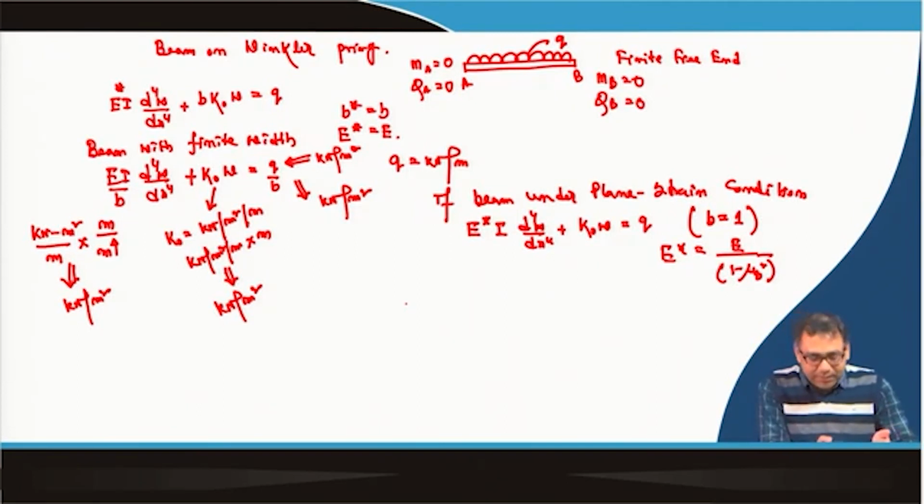Okay. So, I will solve this equation, basically the beam under plane strain condition. You can solve the beam with finite width also, but in that case there will be a B value, but here I have taken B as unity because it is under plane strain condition.